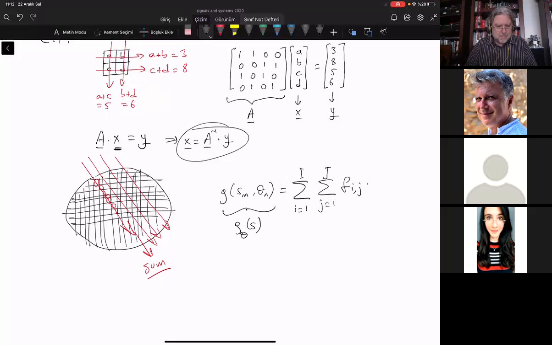Now this is the sampling line equation I'm trying to talk about. This is the line equation corresponding to a shift of S and the rotation angle of theta.